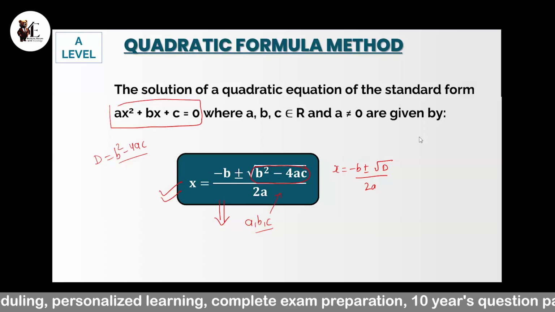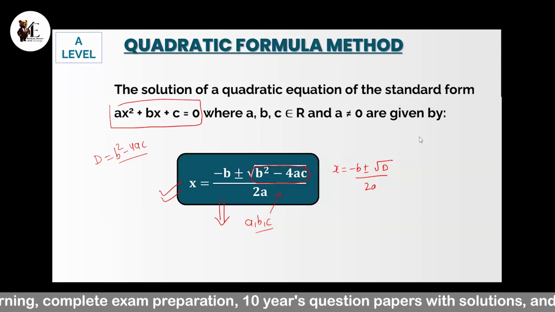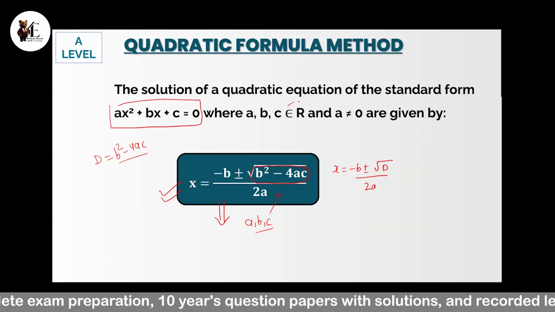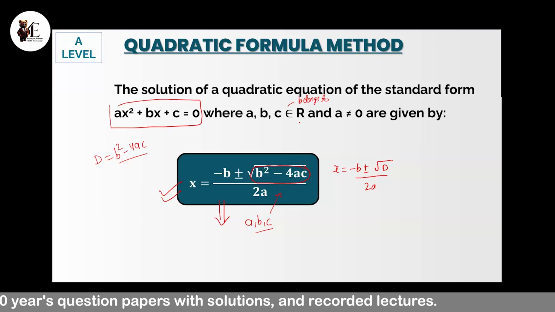What is where a, b, c, and then there's an E-like symbol? What is that? It means belongs to. a, b, c belongs to capital R, which means real numbers. Can I just write belongs to, or do I have to write that symbol?